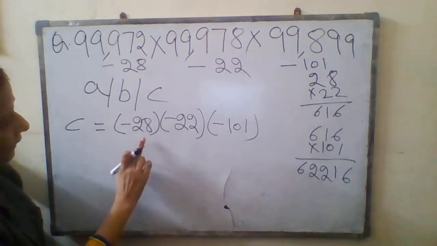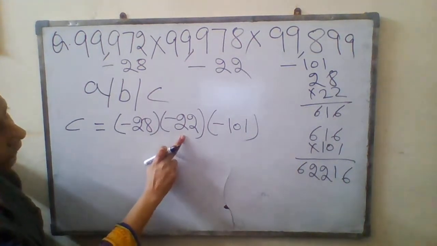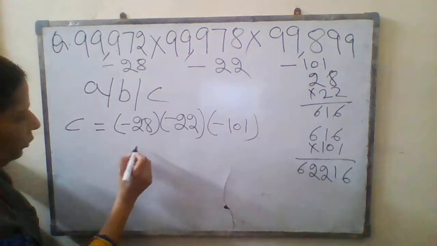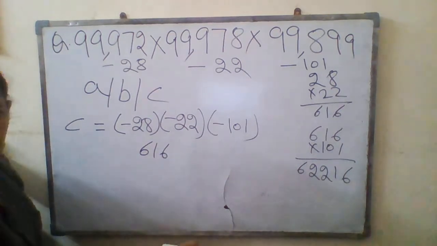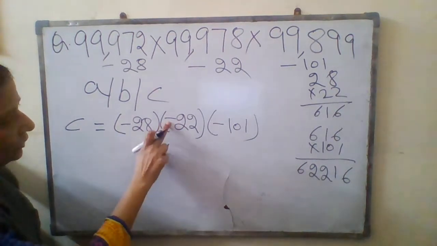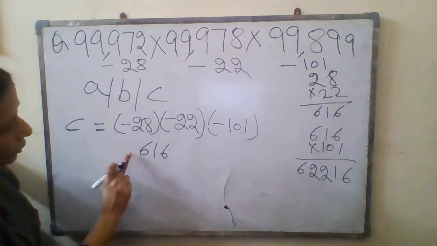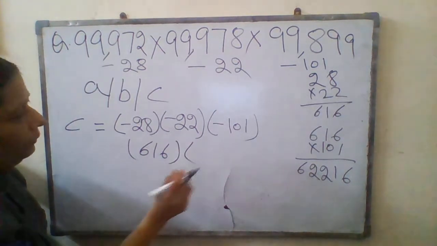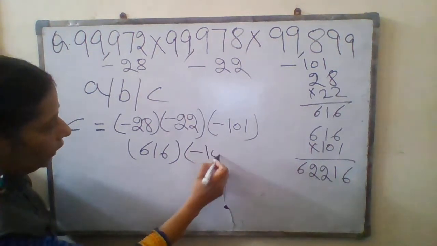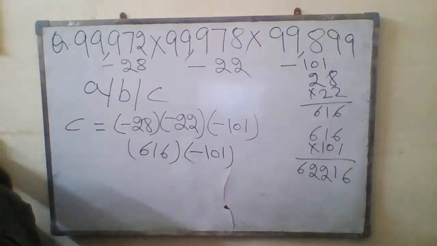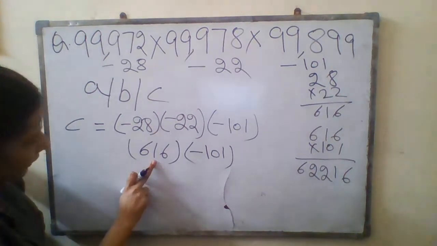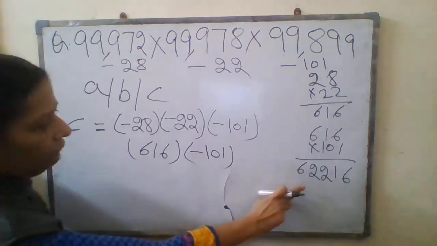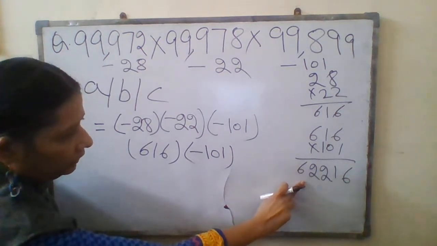And okay, see, minus 28 into 22. What you have got here? 616. So you write down 616. Okay. And minus into minus is plus. So now you see, this I have written here. Okay. And in bracket now minus 101. Now you see, 616 multiplied by 101. I have already told you and I have written here.